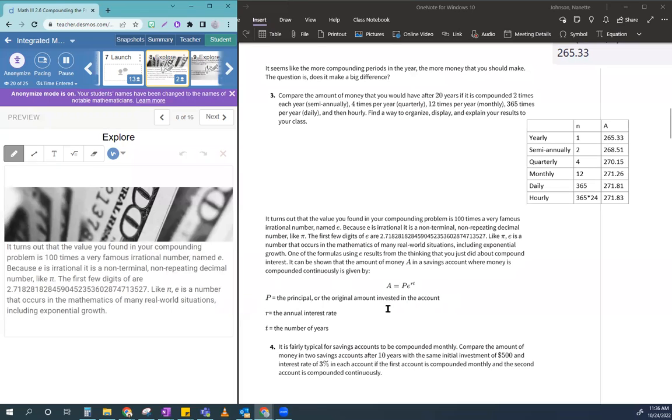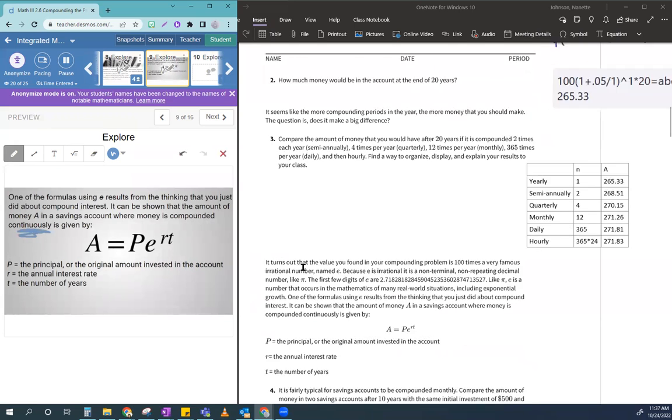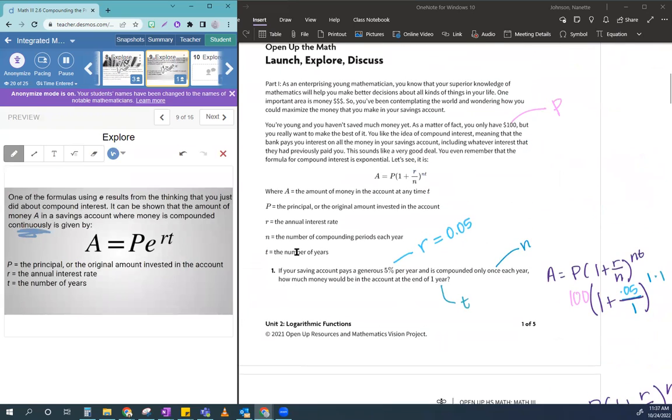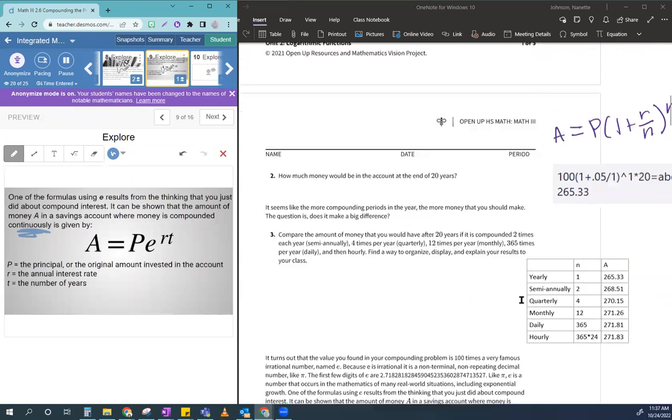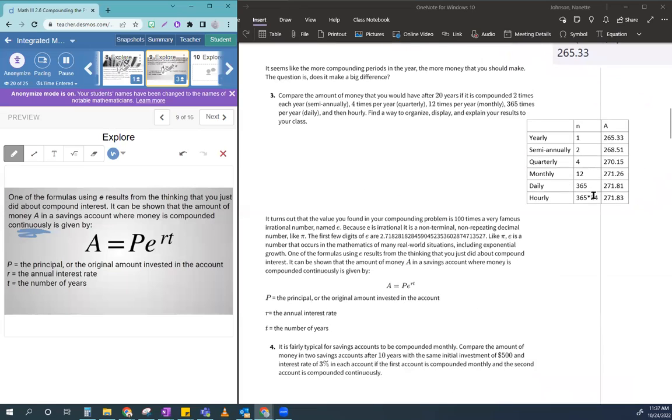This is called continuously compounding, okay? So one of the formulas that you'll be using is when it's compounded continuously. See this word continuously? Here it takes over our N. Here, this is compounded and we calculated semi-annually, quarterly, monthly, daily, hourly. Well, continuously kind of means as soon as it's compounded again, but even faster than that. So we use this value here, which is 2.718281828 all the way through, right?